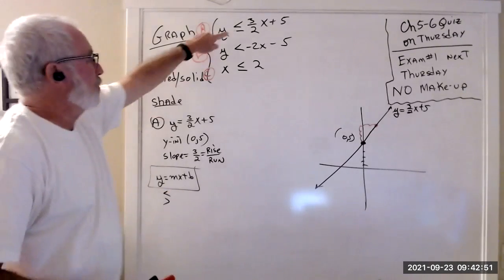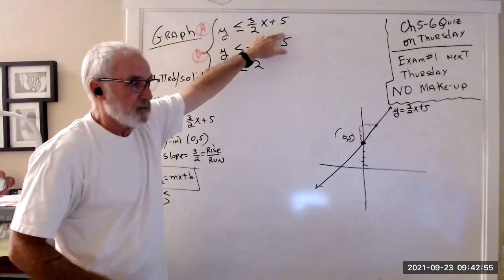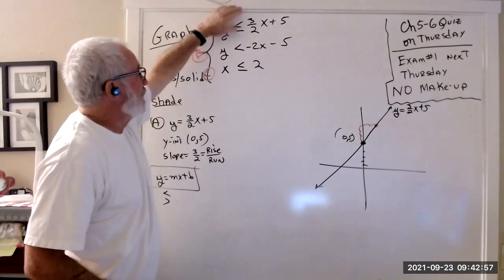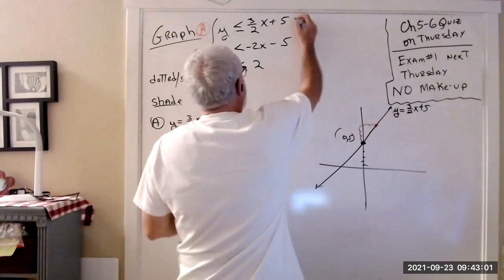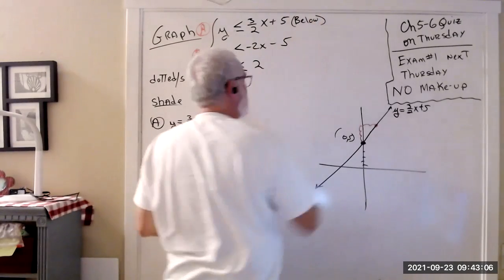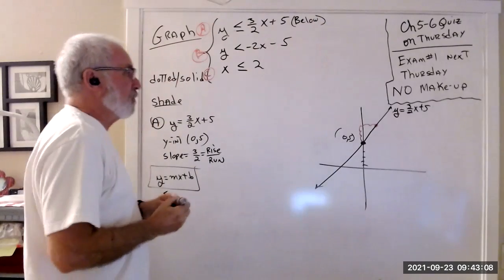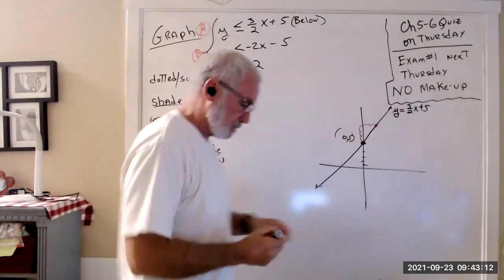Since our original problem was in y equals mx plus b, we're going to shade less than, which on this problem is going to be below. I'm not going to shade right now because it's going to mess up my problem. But I know for this line, I'm going to shade below it.